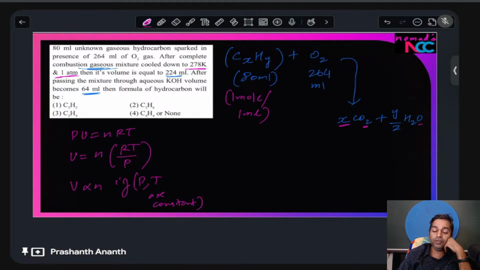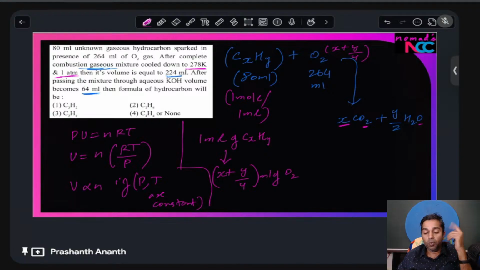So balancing for the oxygen will work out as x plus y by 4. That is the number of moles of oxygen necessary here. So for every 1 mole or 1 ml of CxHy, it consumes x plus y by 4 ml of oxygen.